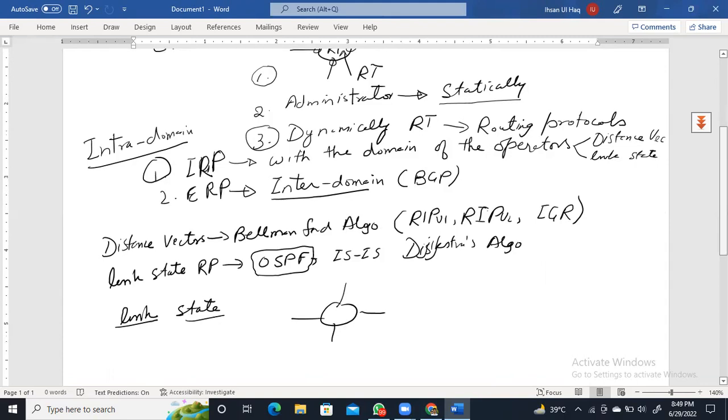The state of the link may mean the prefix of this network, the prefix length of this network, and maybe the cost. So these may be considered as the state of the link. That's the reason, because this protocol is talking about the link state, such routing protocols are called link state routing protocols.